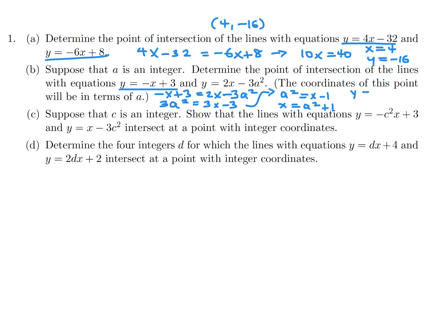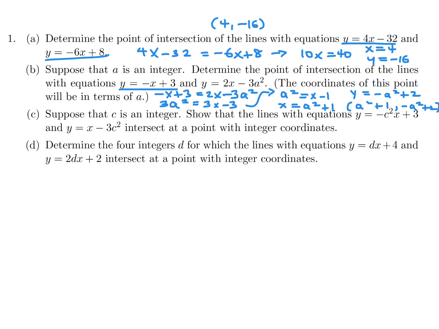And if I do, I get y is equal to minus a squared plus 2, I believe. Okay, so then my point is (a squared plus 1, minus a squared plus 2).